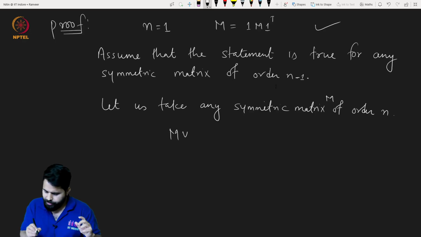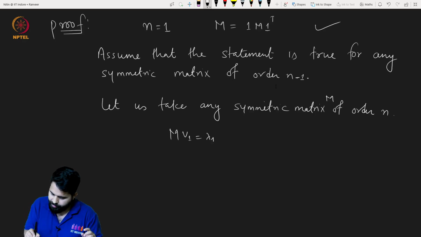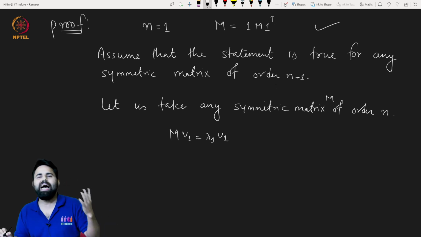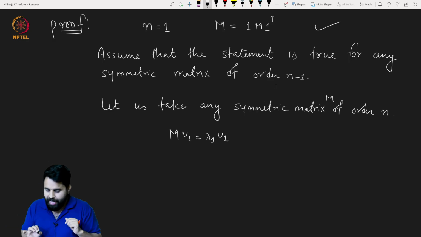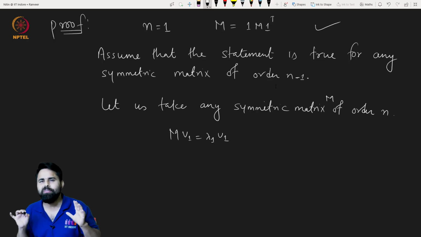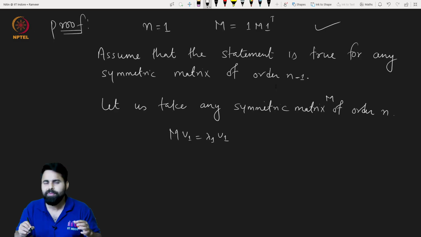Suppose v1 is an eigenvector of it corresponding to eigenvalue lambda 1. Clear, right?